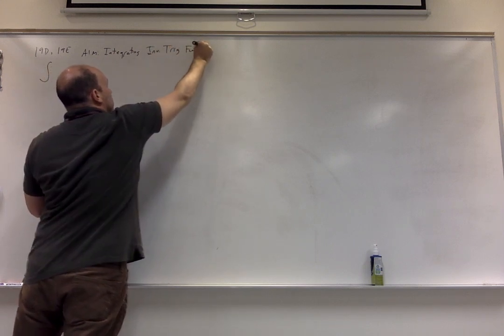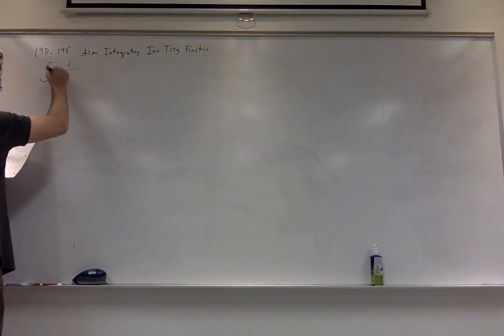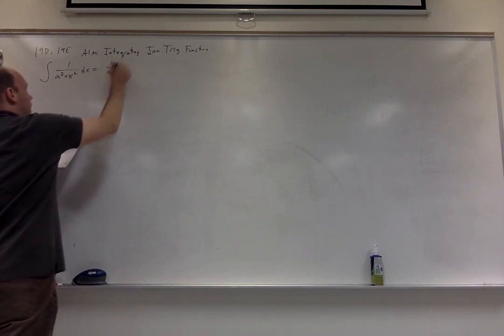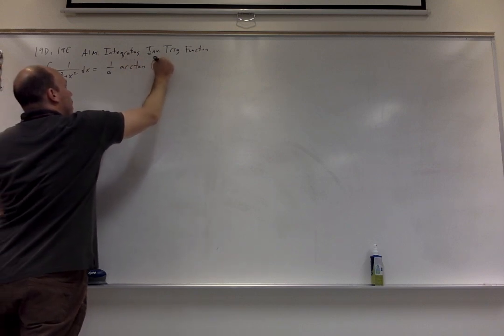functions. And you're going to see in the formula booklet 1 over a squared plus x squared dx equals 1 over a arctan of x over a plus c.